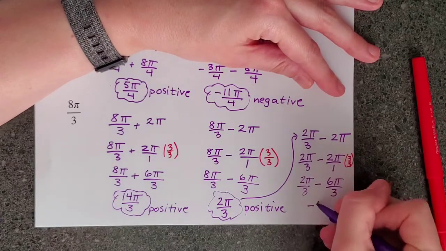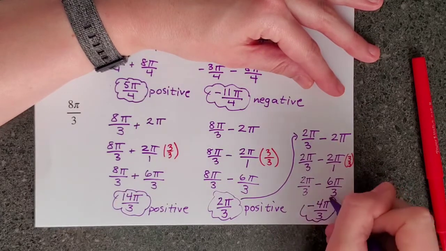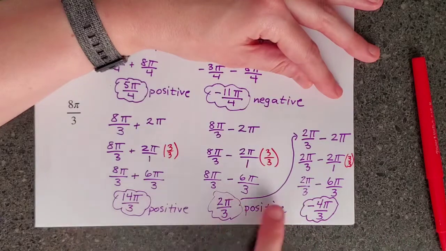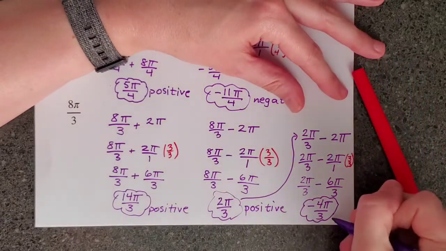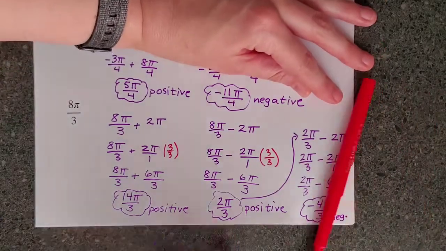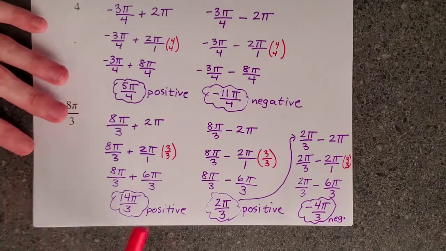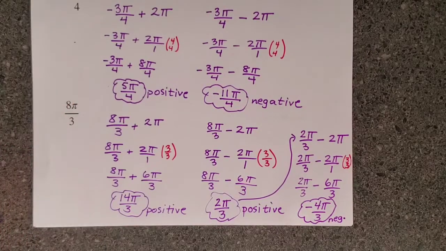And I get negative 4 pi over 3. So all these are coterminal, but finally here I landed on one that was negative. So this asked me to find a positive and a negative here, and technically I found 2 positives on accident on my way to a negative.